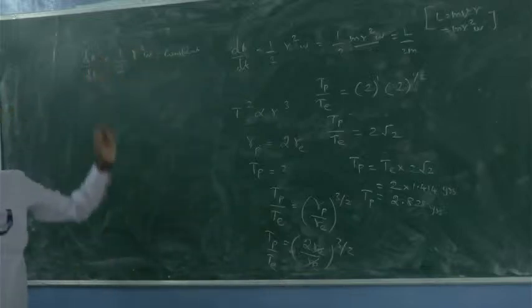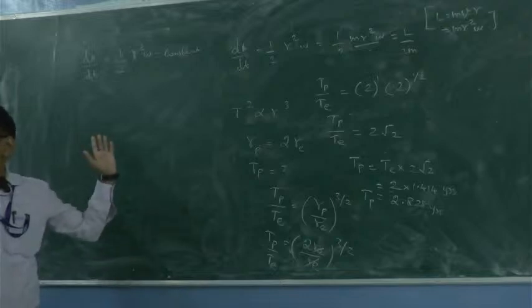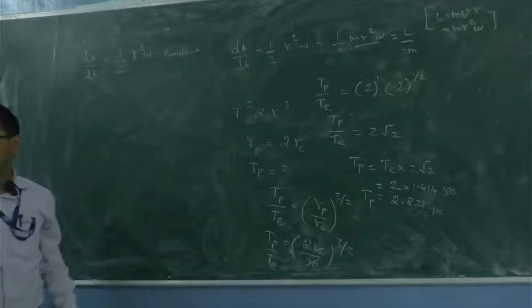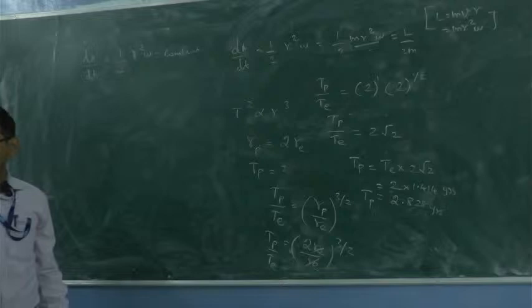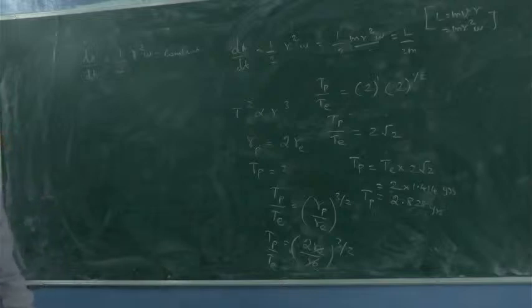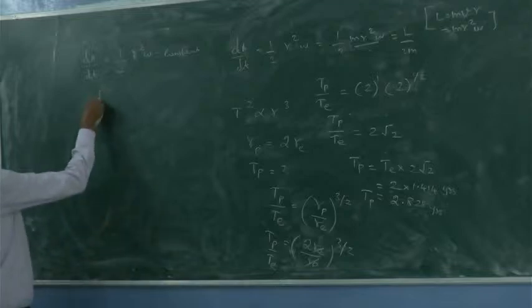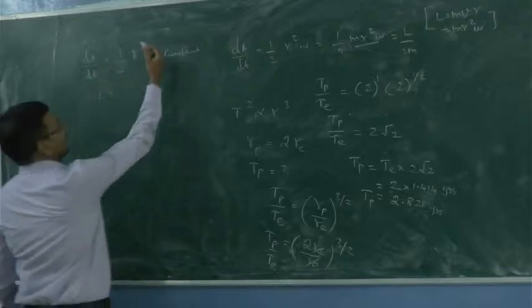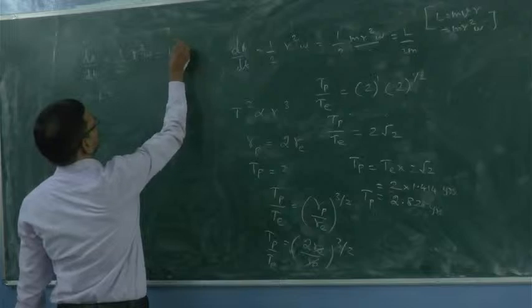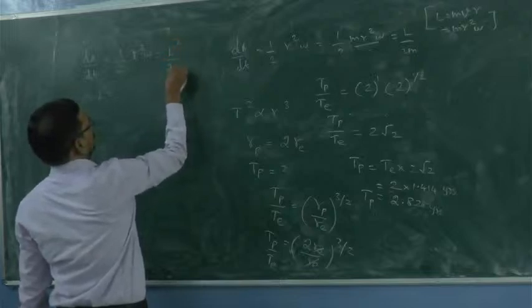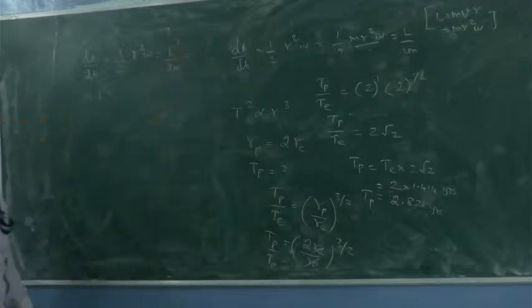What is R? Distance between the planet and the sun. What is omega? Angular velocity. We need angular momentum, not angular velocity. So angular momentum symbol L. L square by 2m, there is one more relation here.